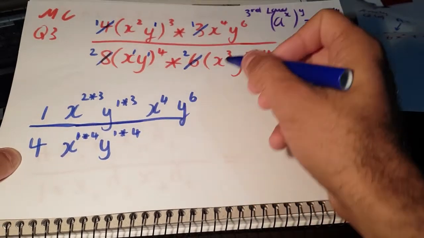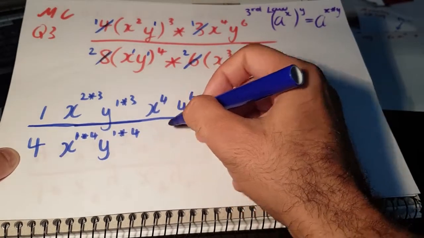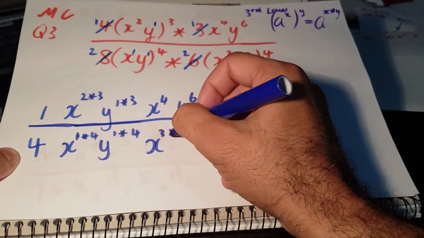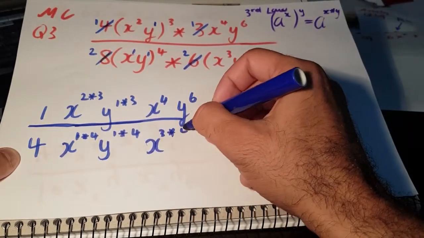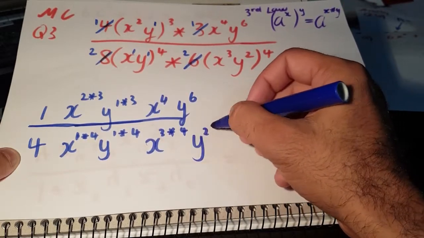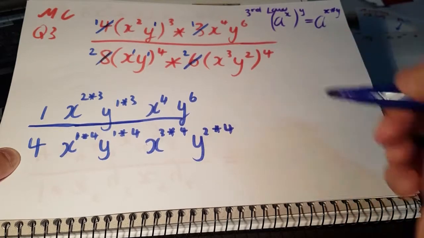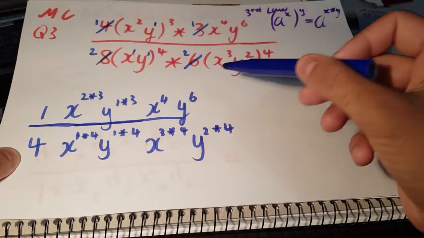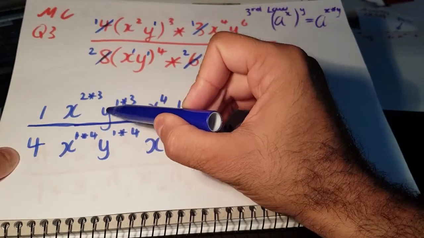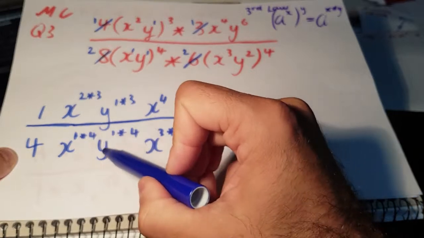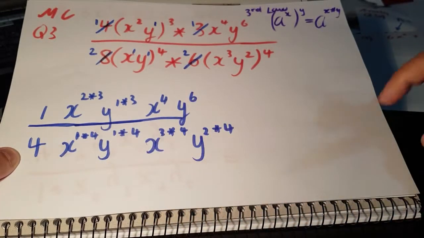And then we have this new bracket here, which is x 3 times 4, and y is 2 times 4. So then when we simplify this, it will be x to the power of 6, y to the power of 3, x to the power of 4, y to the power of 4, and so forth.